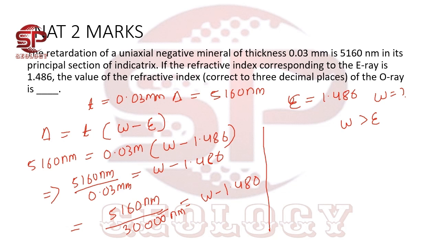So it will be 0.172 equal to omega minus 1.486. Omega will be 1.658. You have to give the answer up to 3 decimals, so it is 1.652.